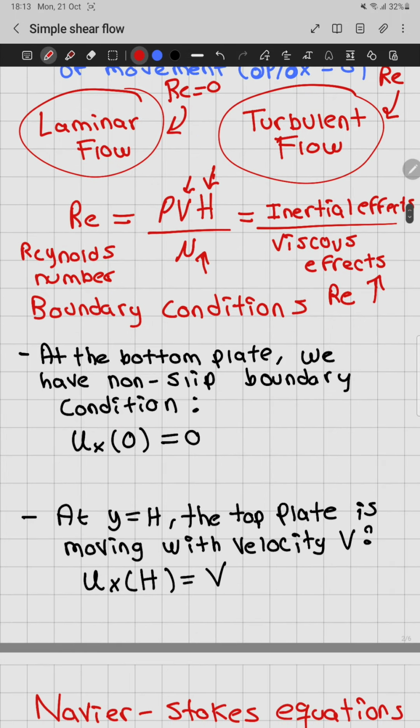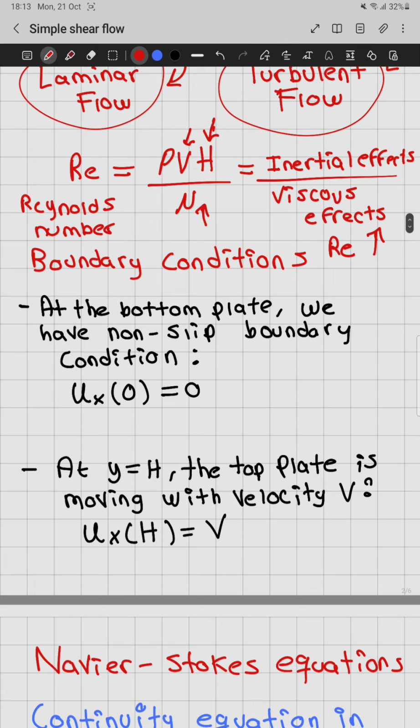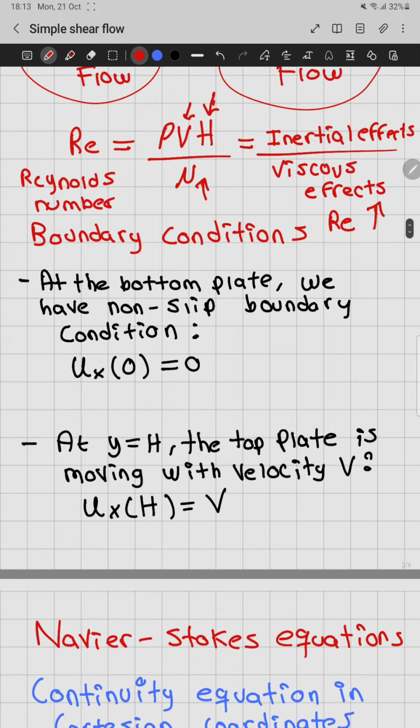Once we assume these conditions, now let's talk a bit about boundary conditions. These conditions are going to be important to obtain the velocity field. At the bottom plate, we have a no-slip boundary condition.